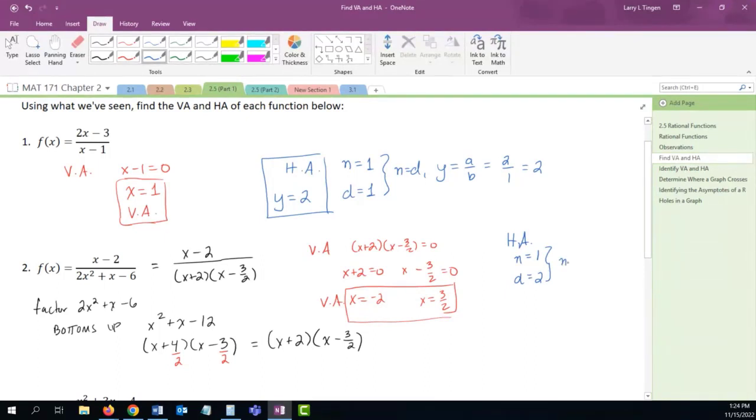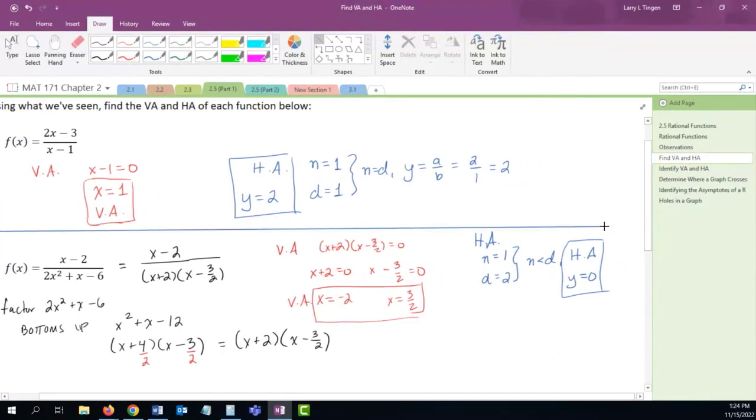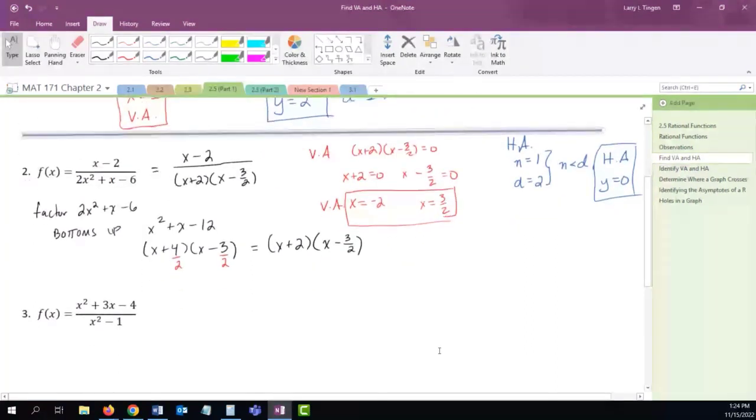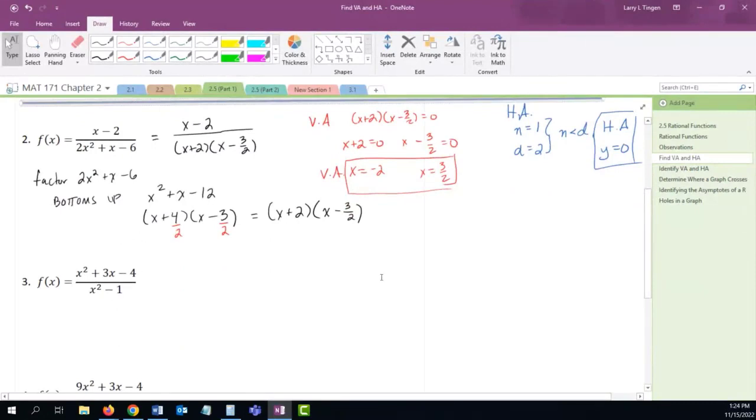When the degree of the numerator is less than the denominator, my horizontal asymptote is always y equals 0. Because the denominator is growing faster than the numerator. All right. So that's 2 of those.